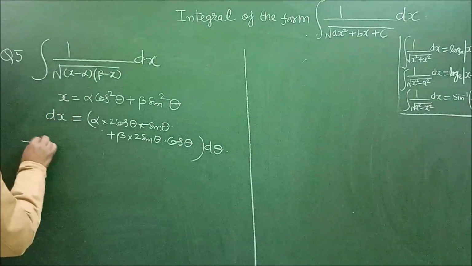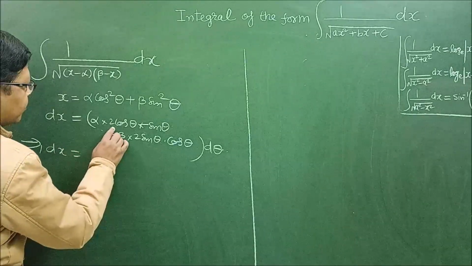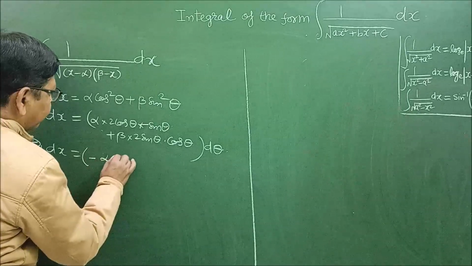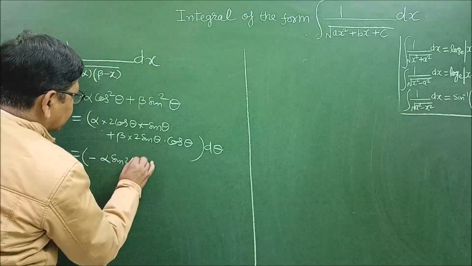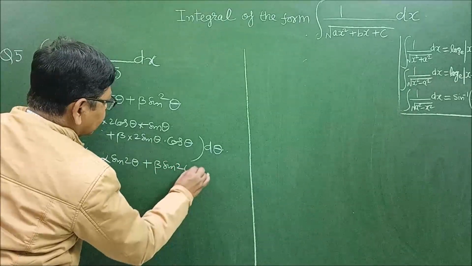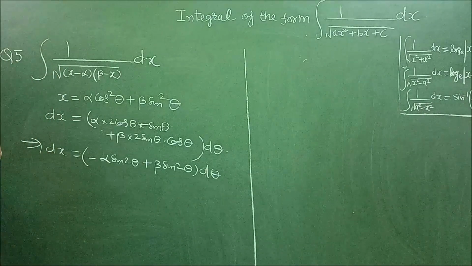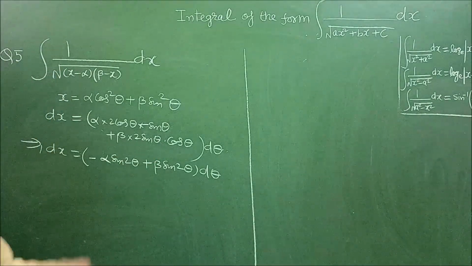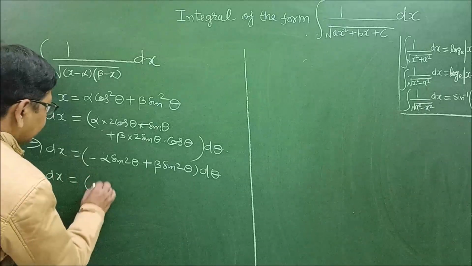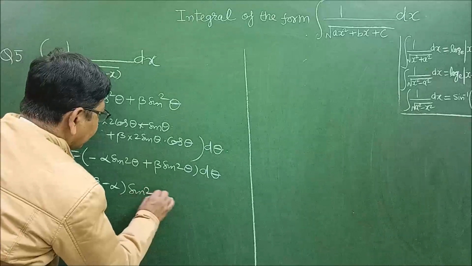So this implies that dx is equal to alpha into 2 sin theta cos theta, meaning minus alpha sin 2 theta plus beta sin 2 theta d theta, because 2 sin theta cos theta is equal to sin 2 theta. So we can write dx is equal to beta minus alpha into sin 2 theta d theta.